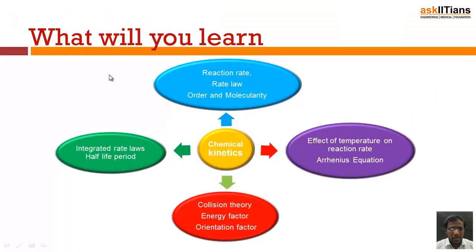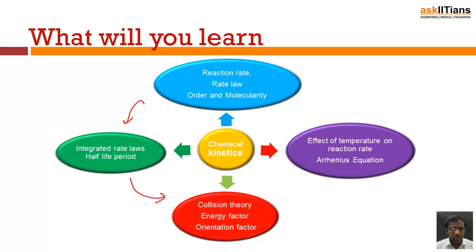First, an introduction about the chapter, then the reaction rate, the rate law, the order and molecularity of the reaction, and also the factors which influence the rate of the reaction. Then we'll learn the integrated rate laws of zero and first order reactions and the calculation of half-life periods, followed by the collision theory of reaction rates.